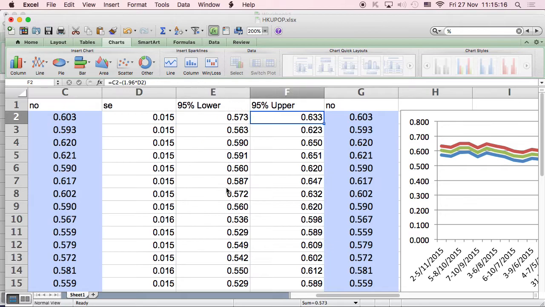Okay. What is a significant change? A significant change means that in two successive surveys, their confidence intervals do not cross each other.